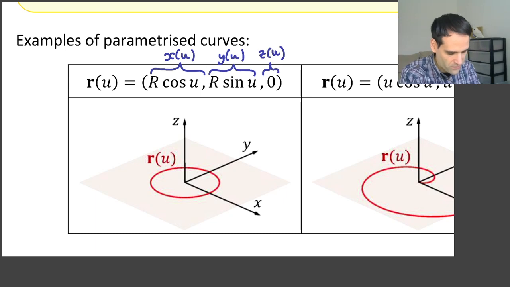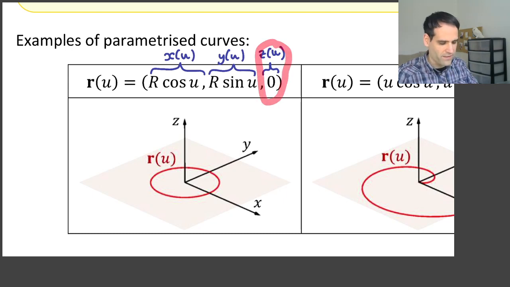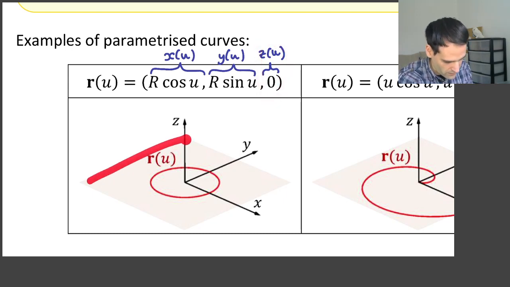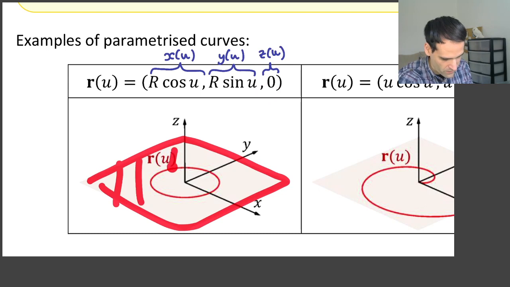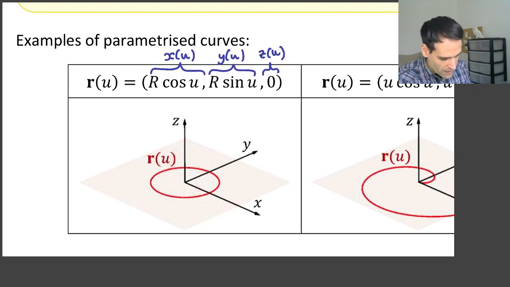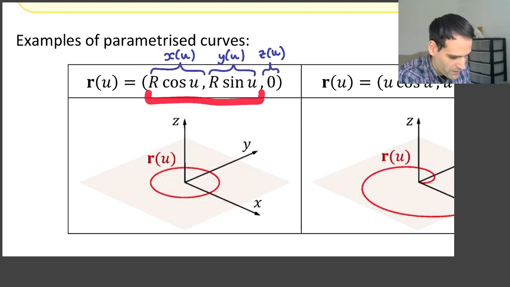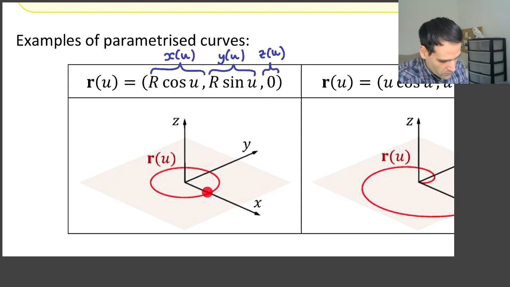So if you substitute different values of u in this equation, you are going to be always in the z equals 0 plane, because z is always equal to 0. But of course, our x and y values are going to change when we change u. And you can recognize here the parametric equation of a circle. So actually, when we change u, we are going to move around the circle.